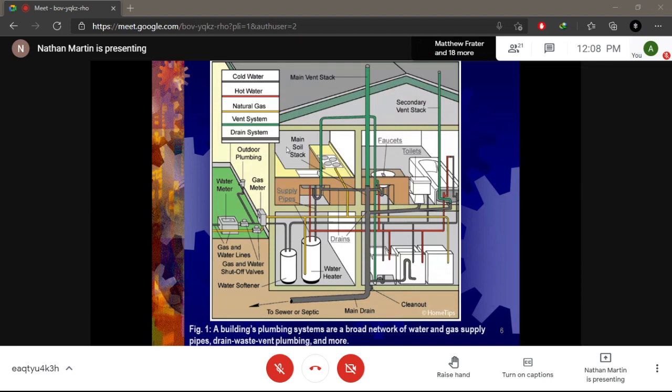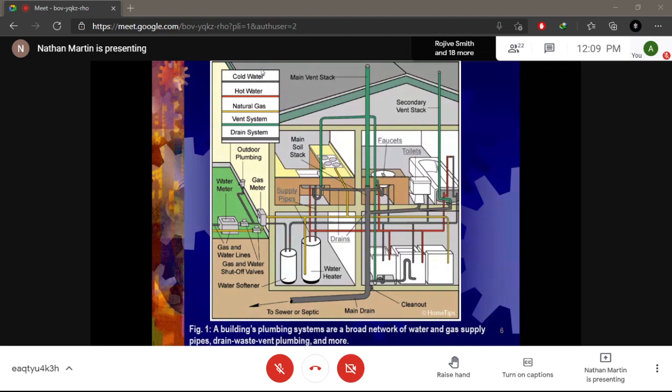Now, shown here is a typical picture of a facility plumbing layout, where we have our cold water, hot water, natural gas pipes, and venting. Colors are used to identify them, and you realize that there's an interconnection between some of the systems.